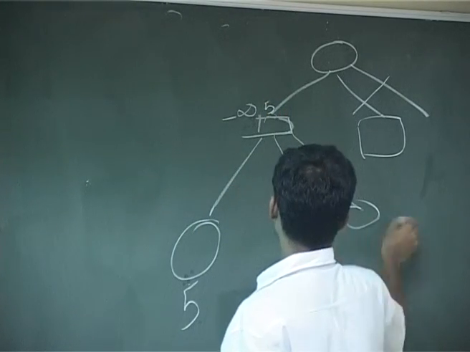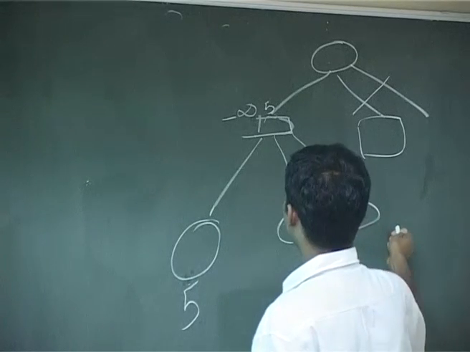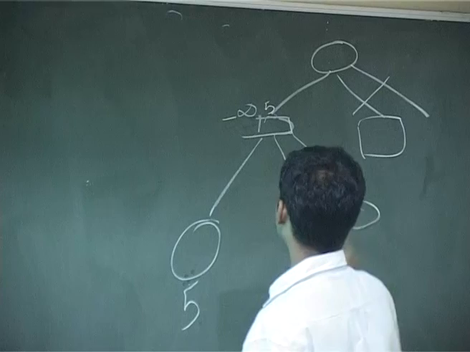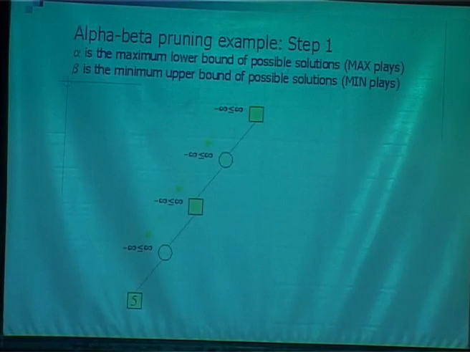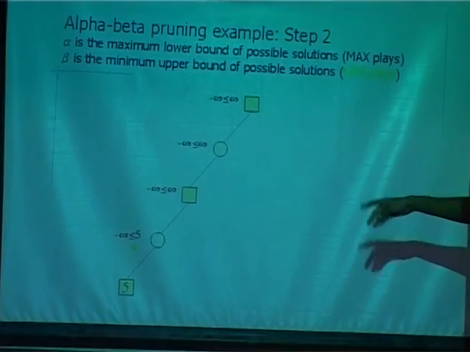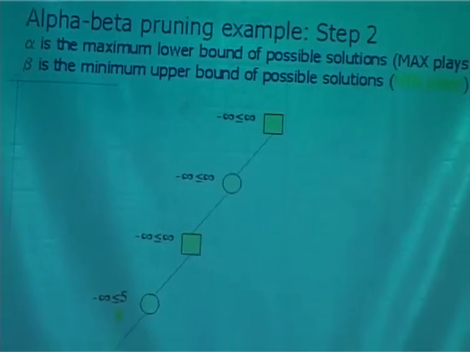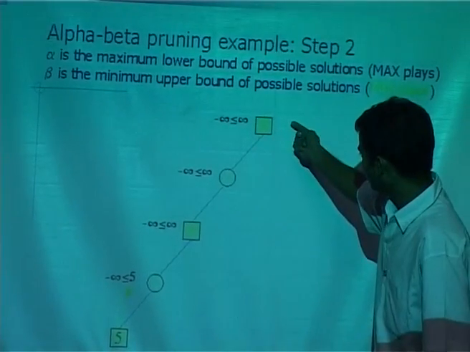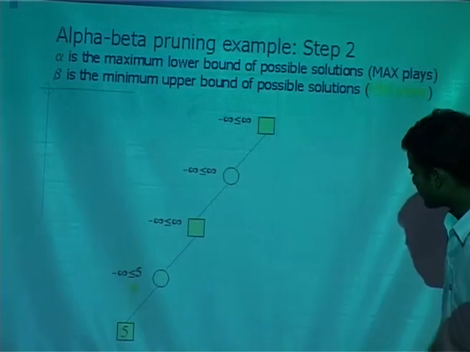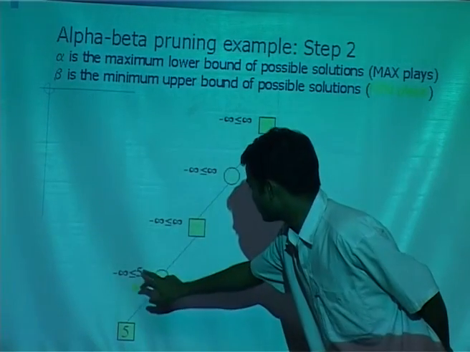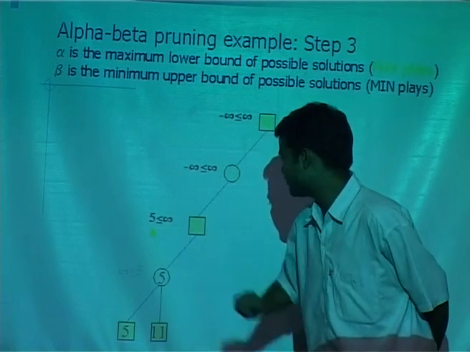And if any other nodes are known to be less than 5, then we need not calculate them. This is the algorithm. At first we give all nodes minus infinity, infinity, minus infinity, infinity. Here it is 5, because 5 is greater than minus infinity, so the value of the node is 5.